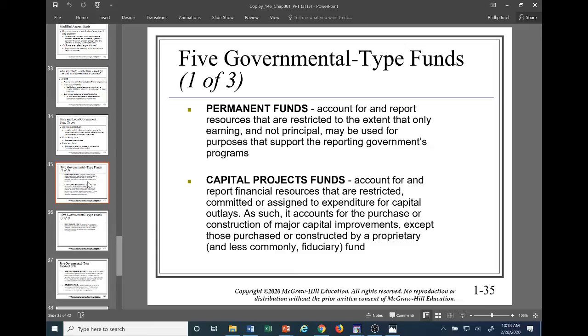We know capital projects fund is closed after the project is completed. Obviously, if residual equity is transferred to debt service, then the account's going to be closed, right? If the project's still running, then it's still open until the project's been completed. And remember, these are resources that are restricted, committed, or assigned, right?